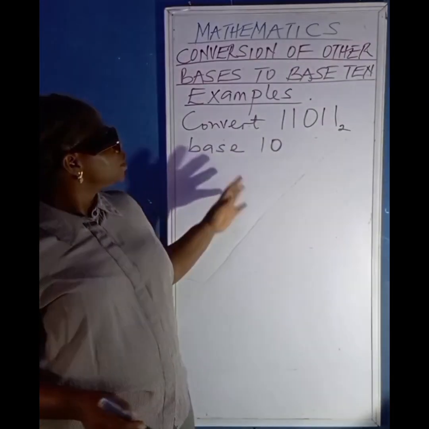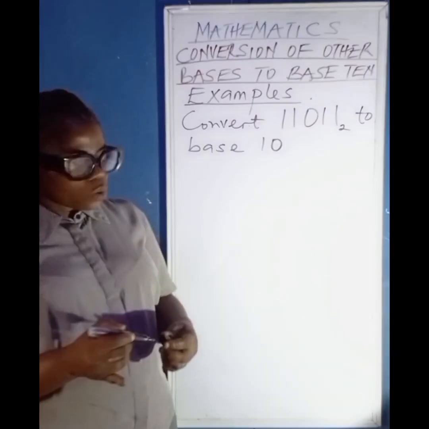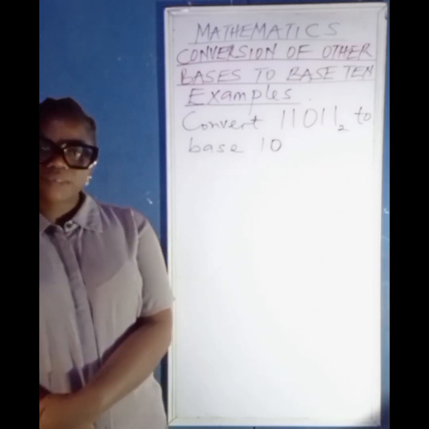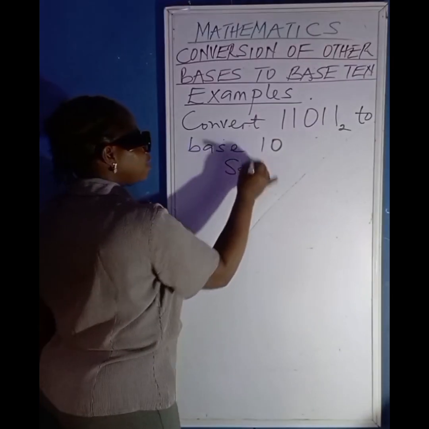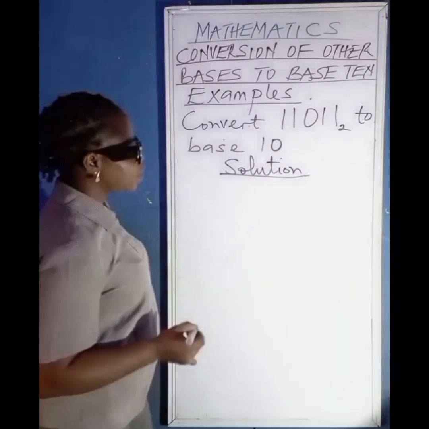Another example is a number in base 2, 11011 in base 2, to be converted to base 10. We start with the place value of each of the digits in the number.